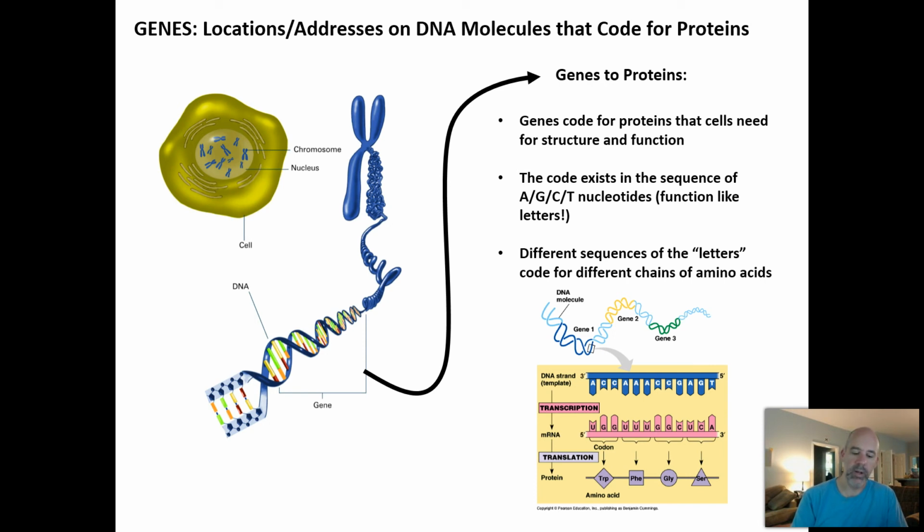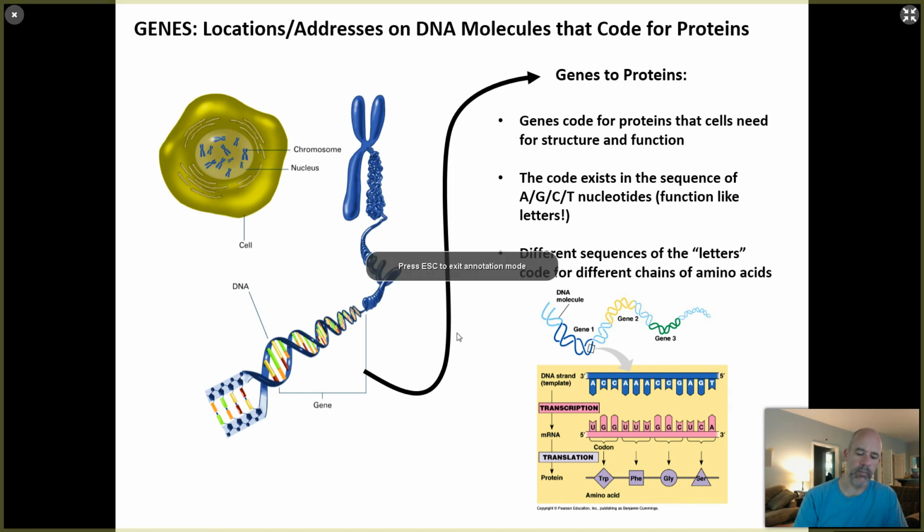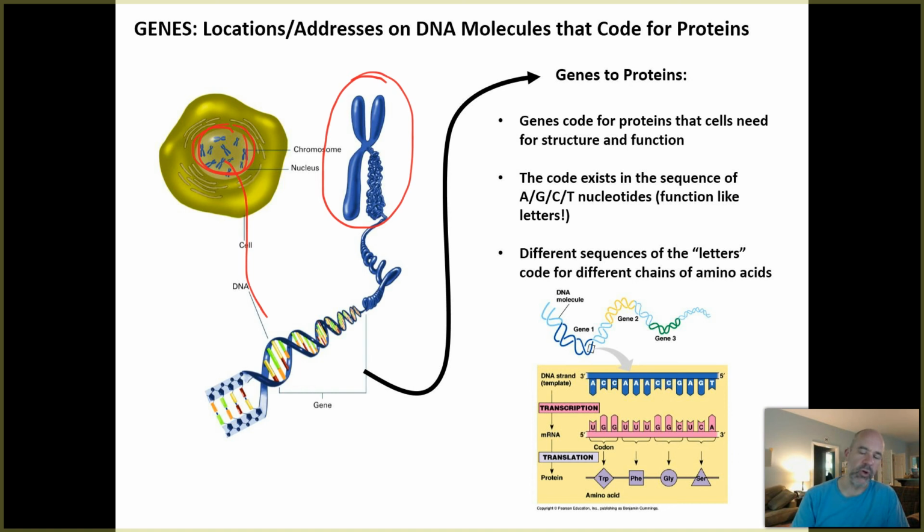All right, here's another look at that on this particular diagram. They're just showing you here, inside our cells, chromosomes are in the nuclei. That's what a chromosome looks like right before a cell is getting ready to divide.